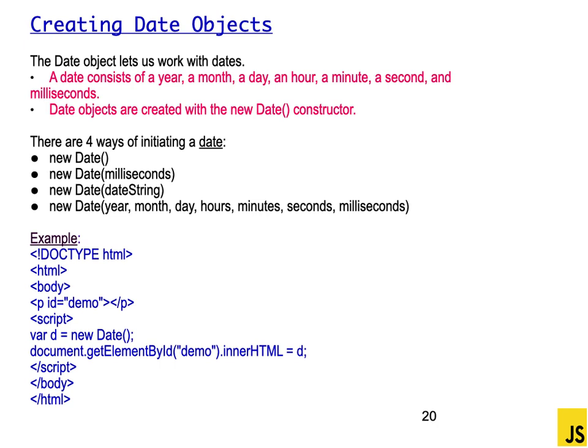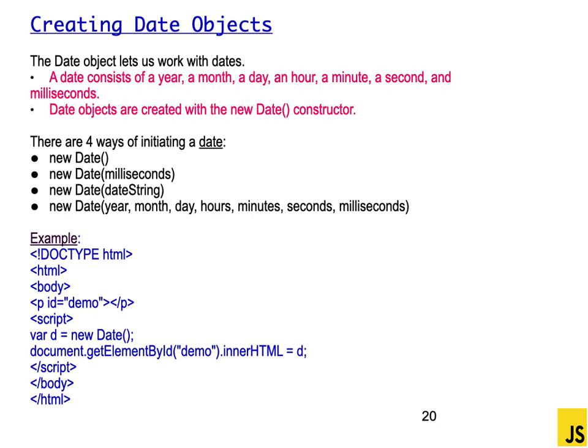A date object lets us work with dates. A date consists of a year, a month, a day, an hour, a minute, a second, and milliseconds. Date objects are created with the new Date constructor.